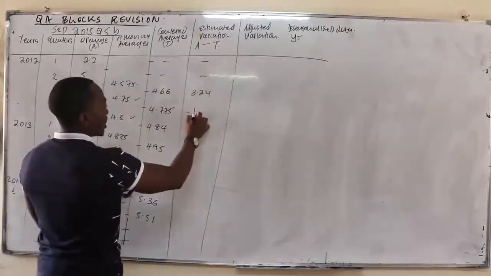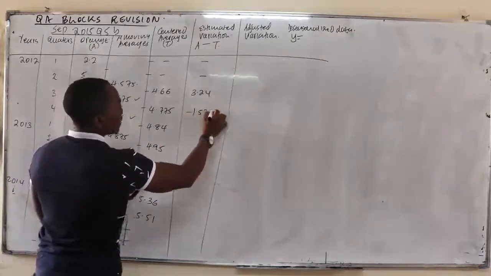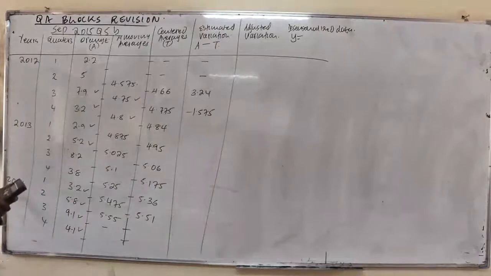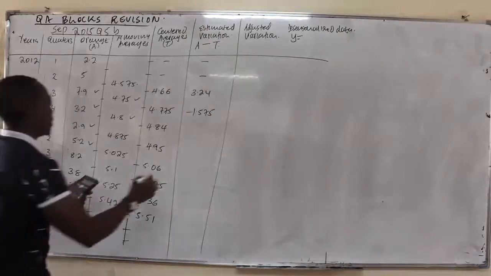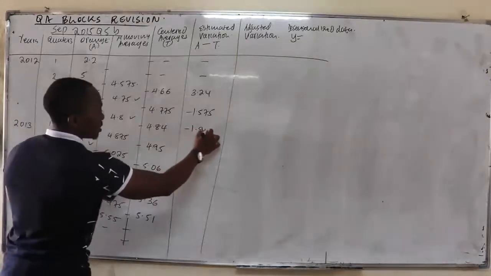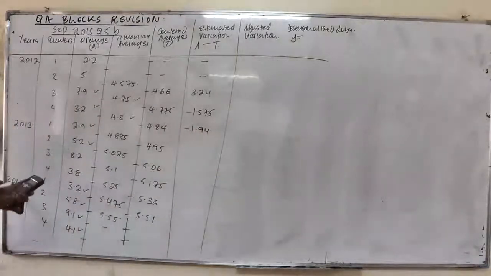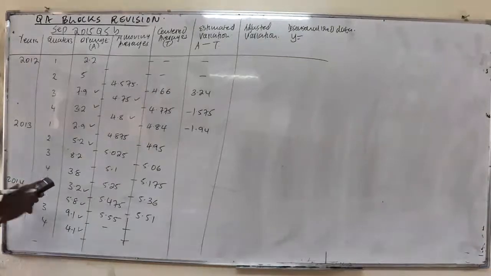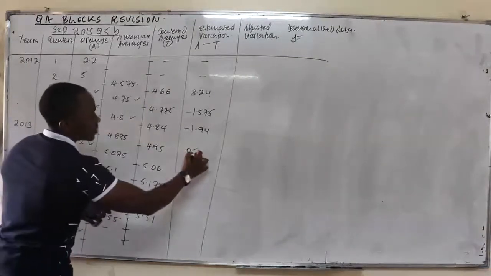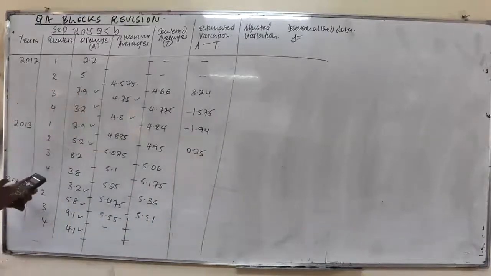You have negative 1.575. Next, you have negative 1.94. Then you have 0.25.